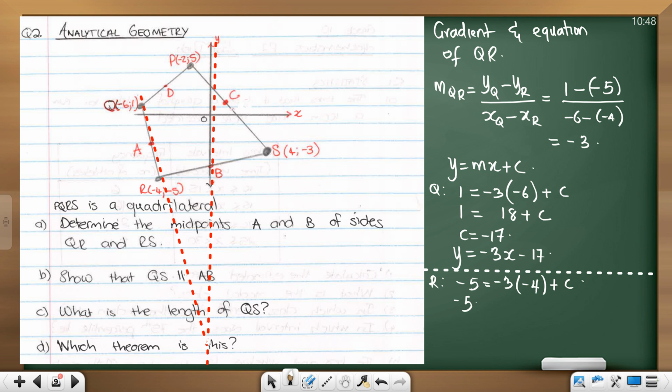That's positive 12. Bring it over. Negative 17 equals C. So we still have the same value. Please sort out the mistake. This we cannot make a mistake on. Something also quickly. Are we still here?